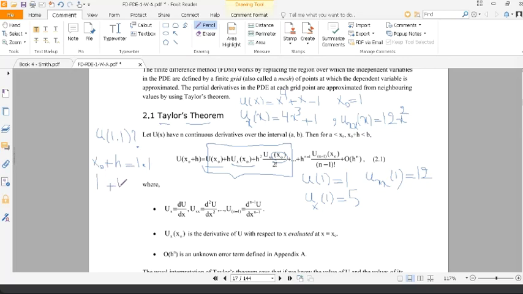Then 1 plus h equal to 1.1, and then we get that h is 0.1. Is this part okay for you?